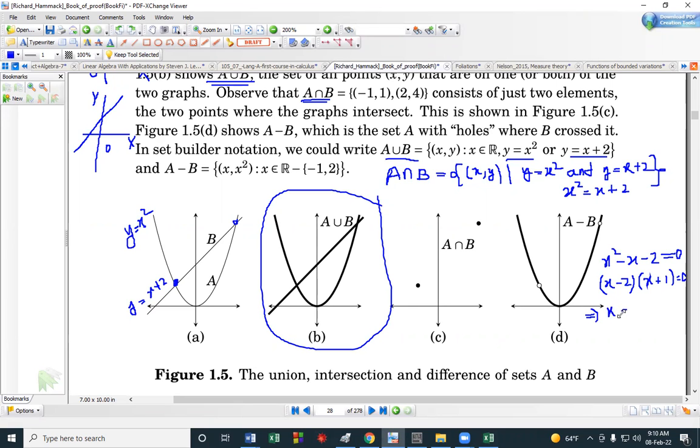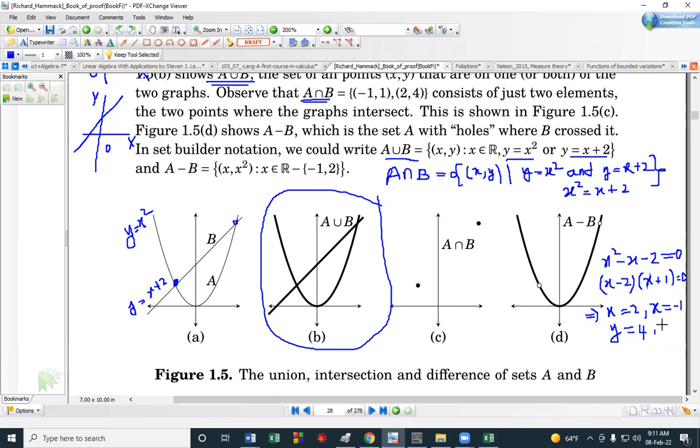So you get x equals 2 and x equals minus 1. If x is 2, what is y? Then y is 4. You get 4 from both these equations. If you substitute x equals 2 here, you get 4, and x equals 2 here, you get the same 4. So that means 2 is related to 4 on both these graphs.